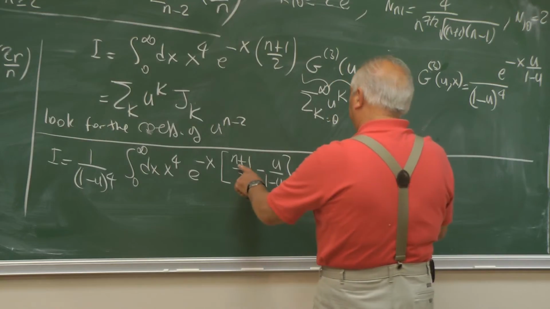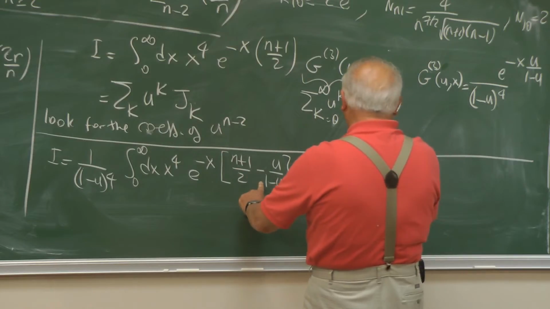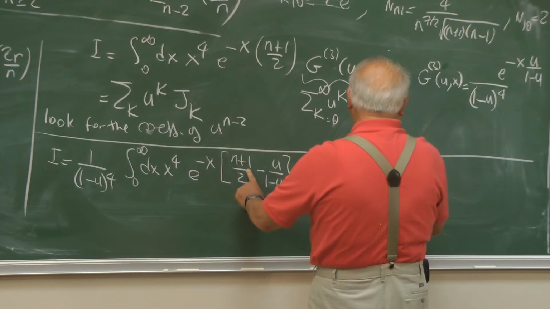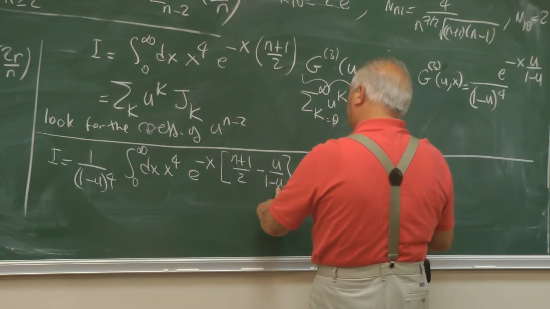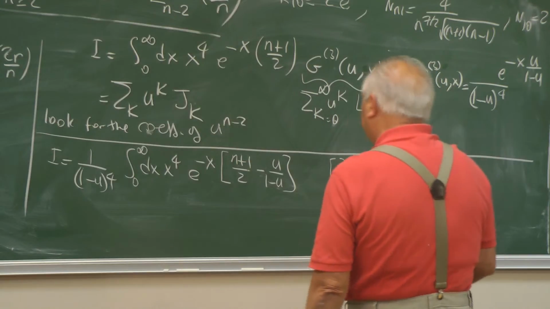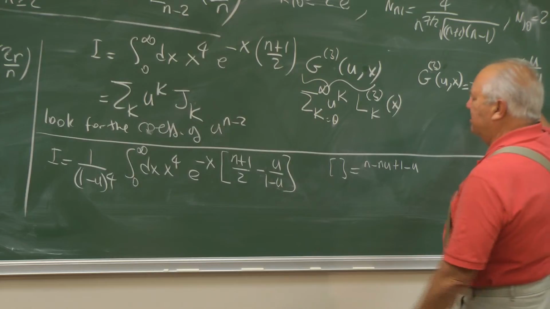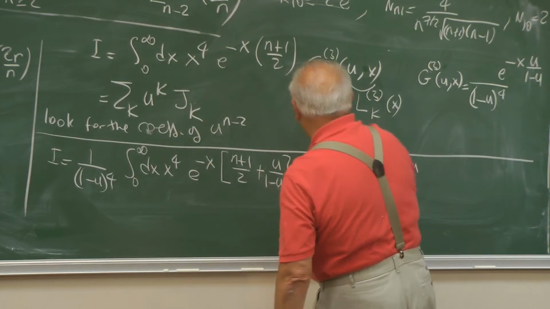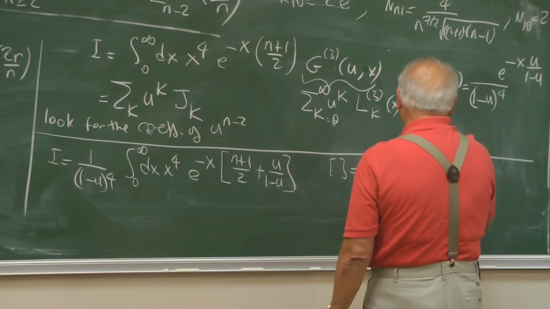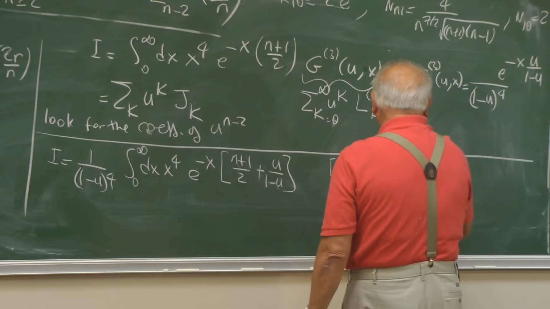I'm multiplying this and that: n minus n u plus 1 minus u, plus 2u, divided by 2 times 1 minus u.